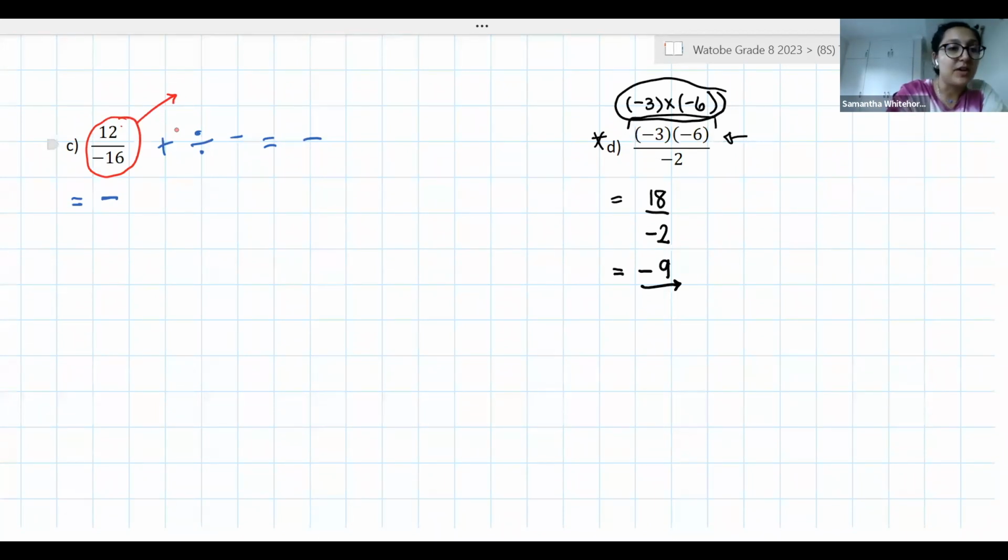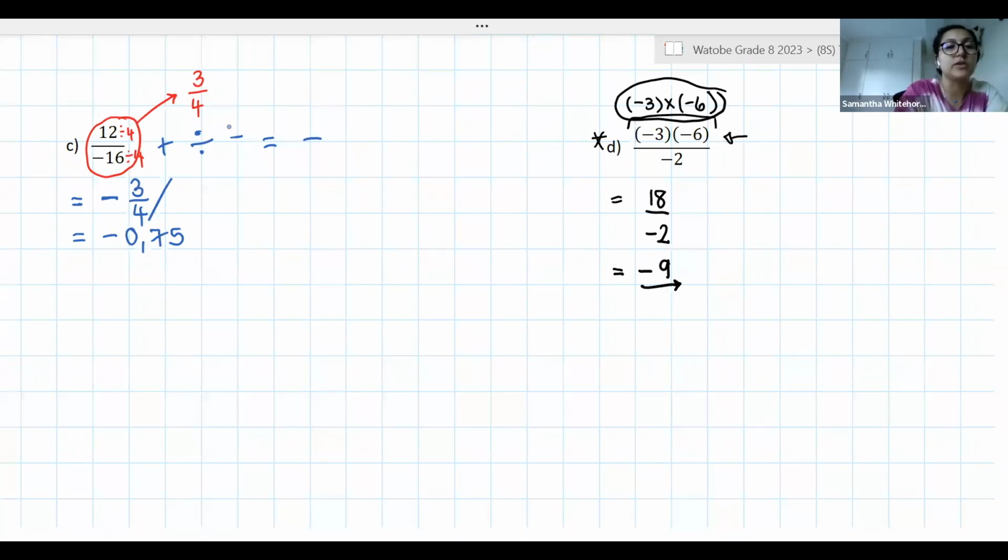Now, I know that I can divide 12 by 4 and I can divide 16 by 4. 12 divided by 4 is 3 and 16 divided by 4 is 4. And so that's what we'll be getting. That's -0.75 because -3 over 4 is -0.75. It's -3/4.